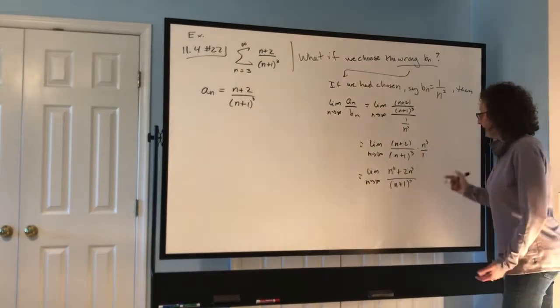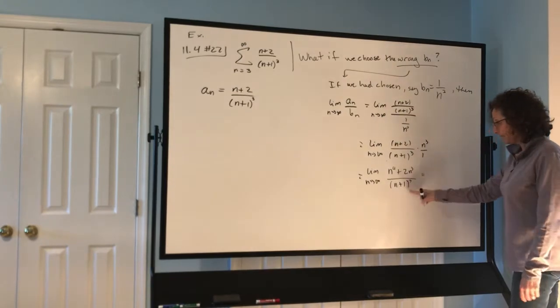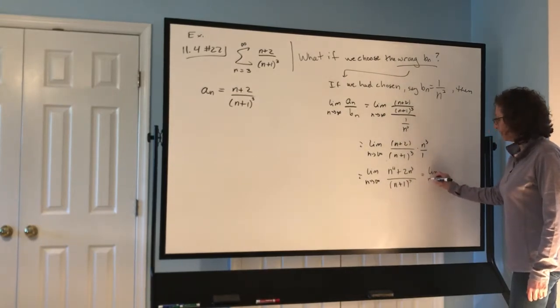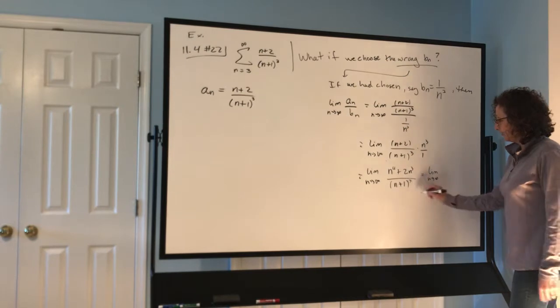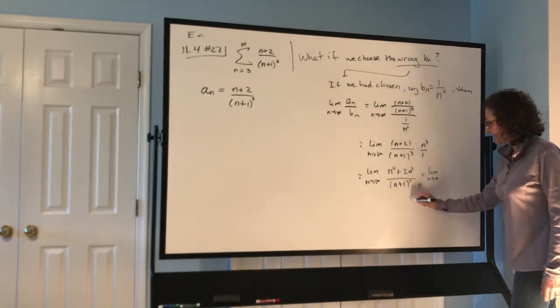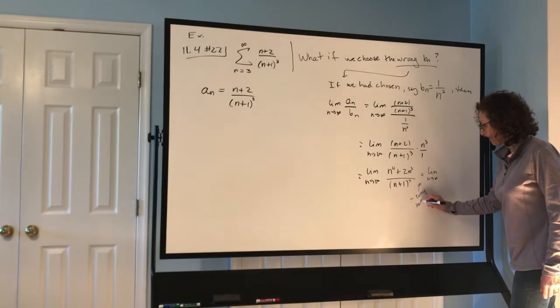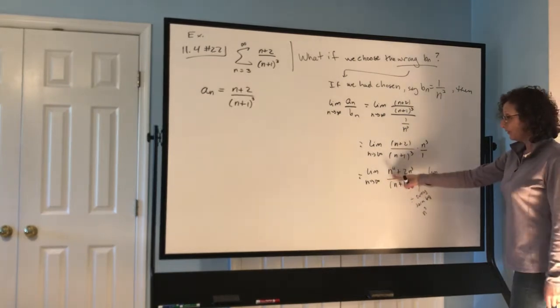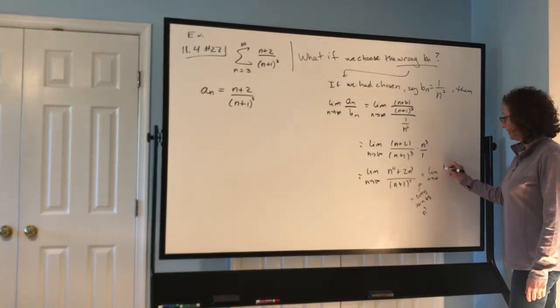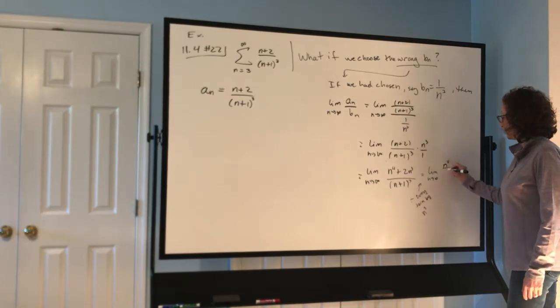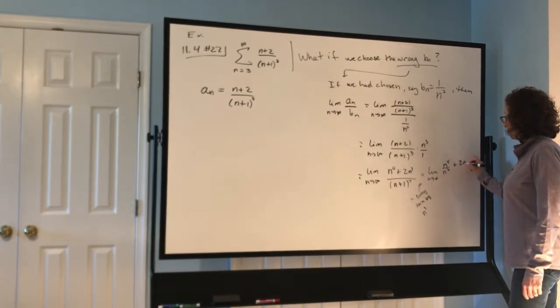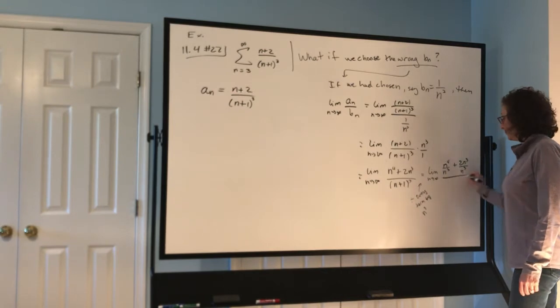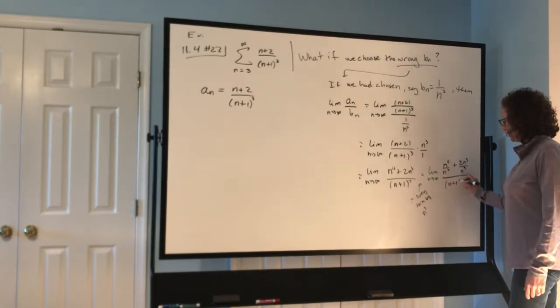And if we did the exact same thing where we divide by the highest power in the denominator, we would divide every term by n cubed. Then we'd have n to the 4th over n cubed, which gives n, plus 2n cubed over n cubed, plus our same guy, n plus 1 cubed over n cubed.